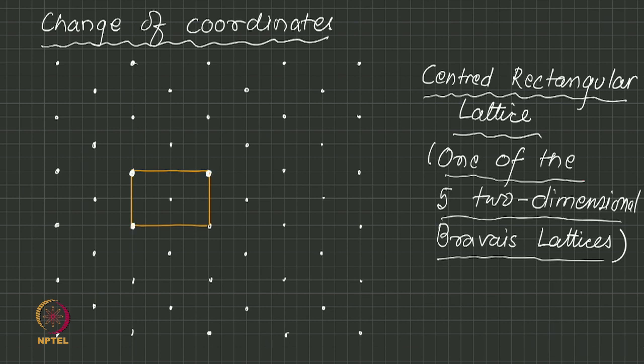So, that is why the name centered rectangular lattice. Just a 2 dimensional analog, let us say, of the face centered cubic lattice. So, here there is a rectangle, and that has a lattice point not only at corners, but also one at its center.